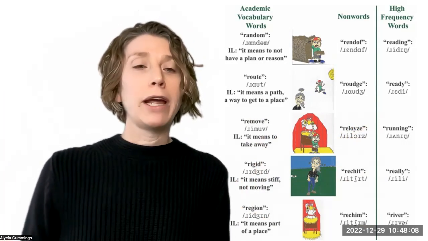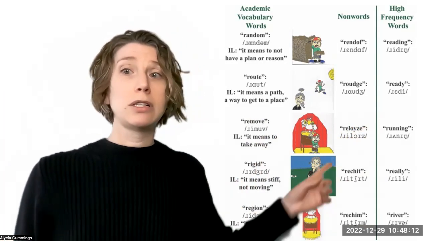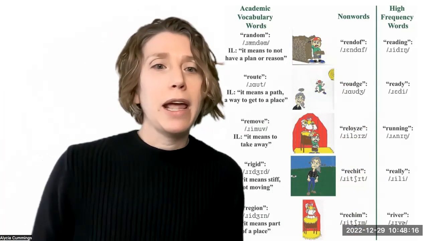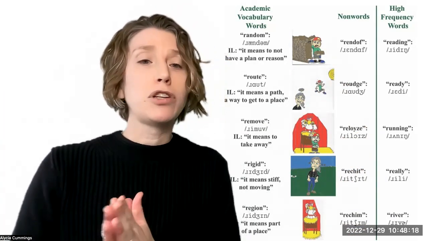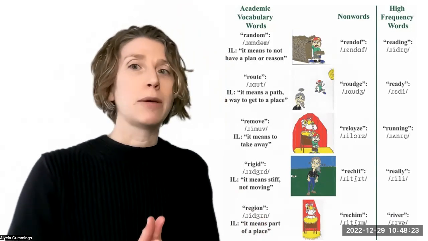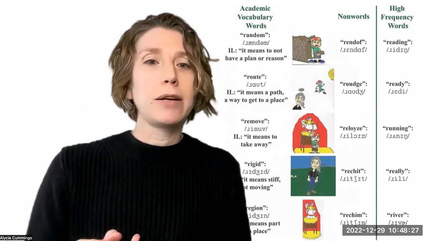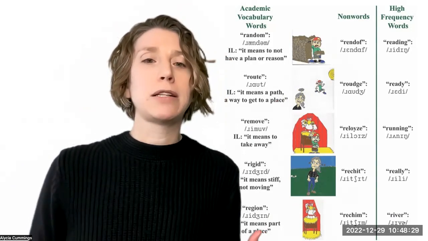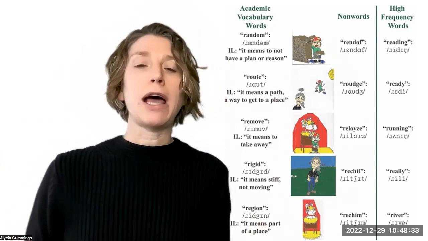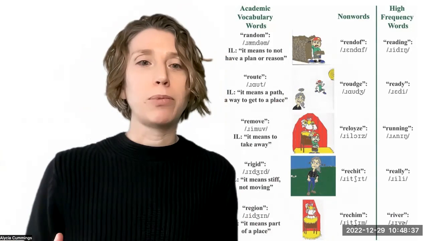So a way around that is to use nonsense words, because these are words that children have never heard before. And so we usually associate these nonsense words with concepts and meanings as we introduce them in some sort of story, such as this story with the chicken. And by using these nonsense words, the children can focus on the sounds in the word without having those bad experiences that could influence their production.